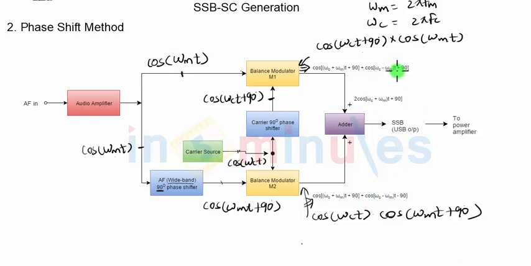Please observe that the second term ωc − ωm is 90 degrees ahead in phase, plus 90, and the second term in the second signal is 90 degrees behind in phase.